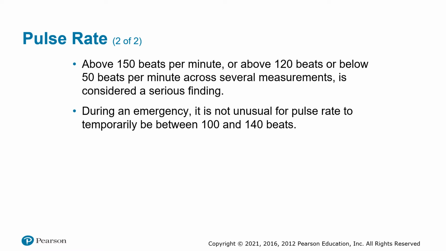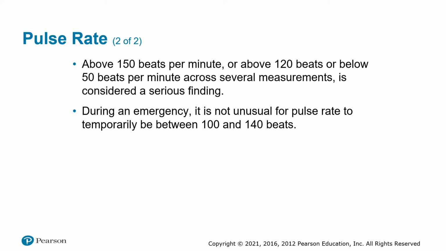During an emergency, again, it's not unusual for the pulse rate to temporarily be between 100 to 140, especially if you were just in a car accident. Your heart rate's going. Remember that the sympathetic nervous system is amped up because in an accident we are preparing for that fight or flight.